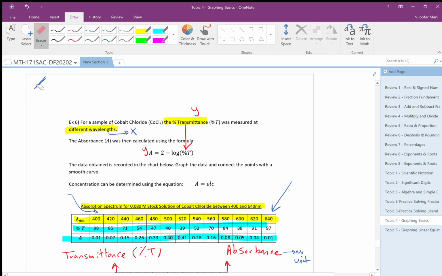For this one, I do maximum minus minimum divided by 15. Why? Because I have 15 parts. In quiz and test, you have to count them. What is maximum? 640 minus 400 is 240, divided by 15, which is 60.